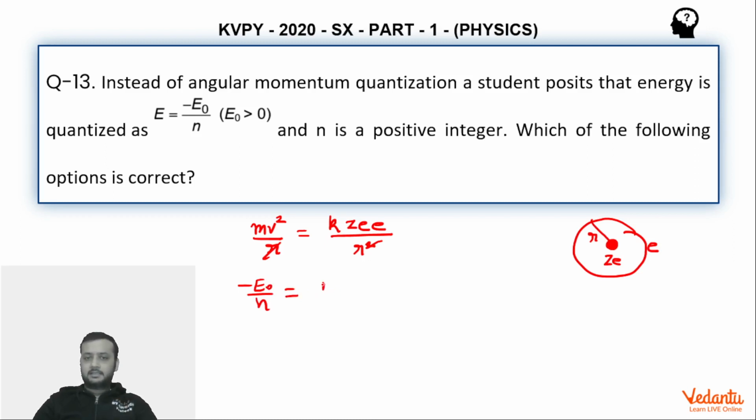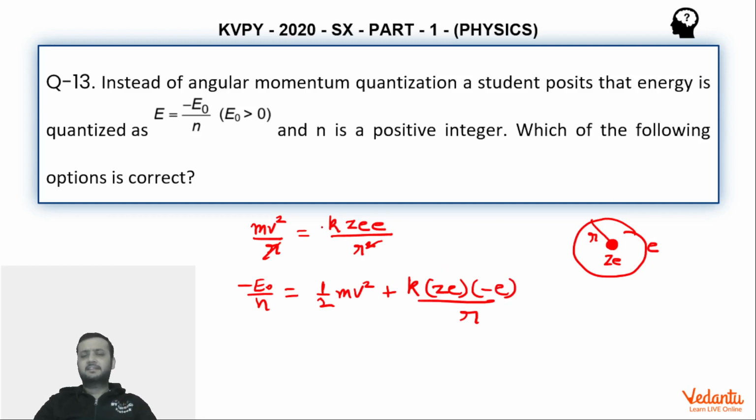Now the kinetic energy is half mv square, plus potential energy, which is k q1 q2 by r. So k into q1, which is Ze, into q2, which is minus e, divided by r, right? Here in the force equation I have not taken the negative sign, but here I will take the negative sign. The reason is very simple.